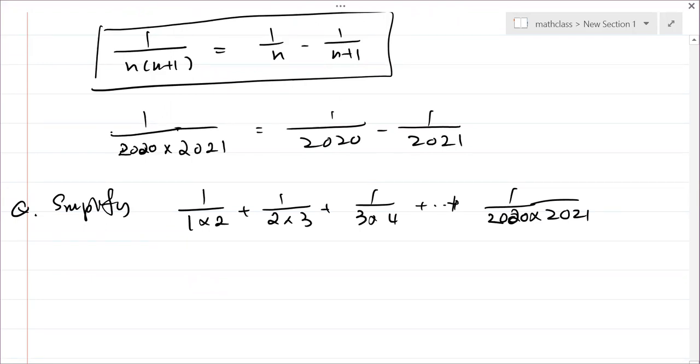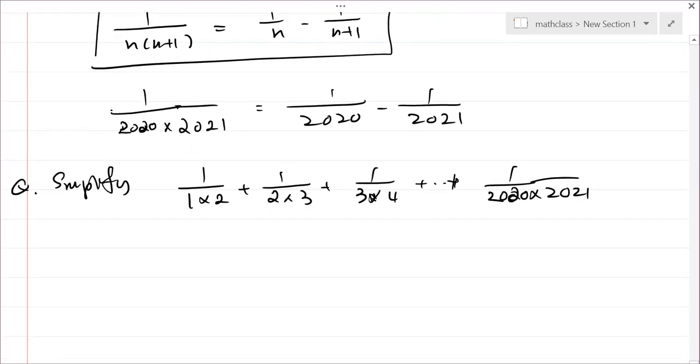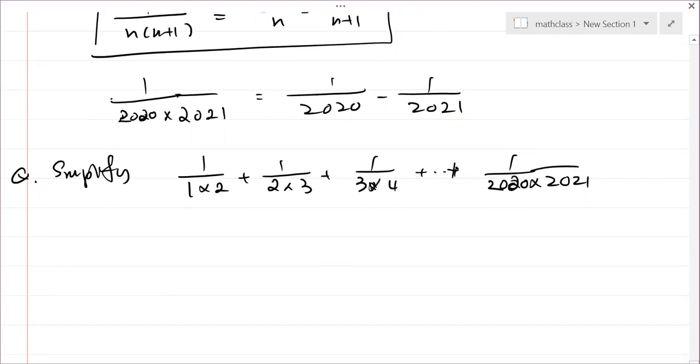You cannot do 2020 additions. It's impossible, and it's easy to make mistakes. But when you look at each fraction, you find out the denominator is a product of two consecutive numbers. That's great news. So in order to simplify, you make it more complicated.